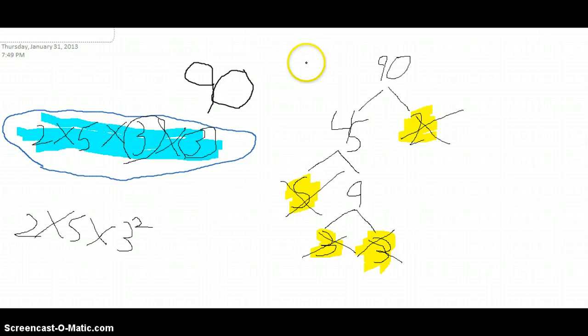If you would have 3 3's, then you would put a 3 instead of this 2 right here.